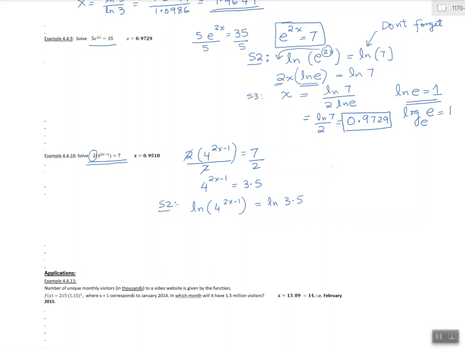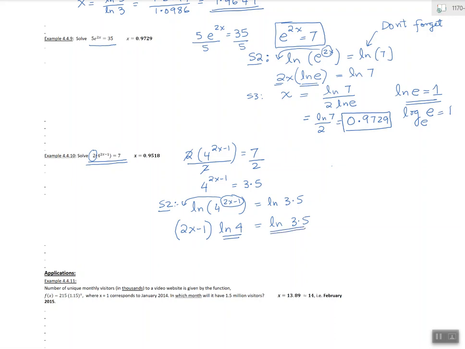Now use the power property, and this exponent will come in front. So you would write 2x minus 1. Now remember, 2x minus 1 is one quantity, so you must have parentheses around it. So when 2x minus 1 comes in front, you get 2x minus 1 with parentheses around it times ln 4 equals ln 3.5.